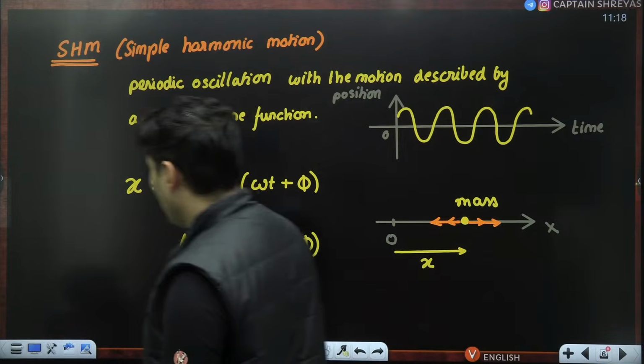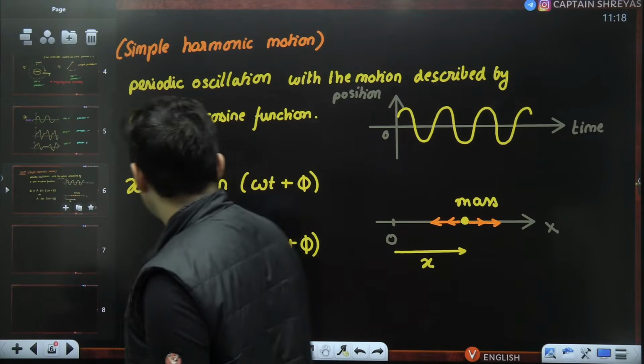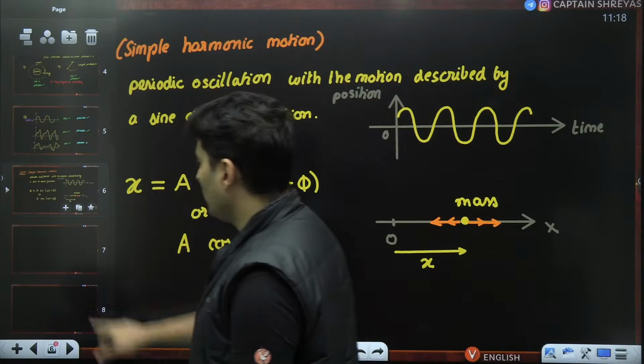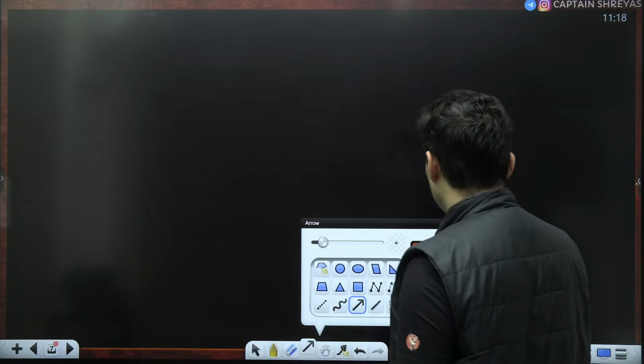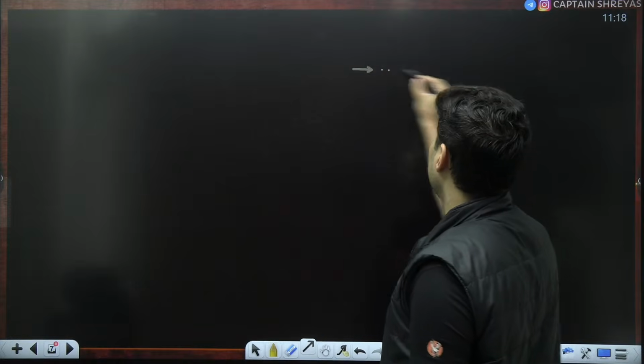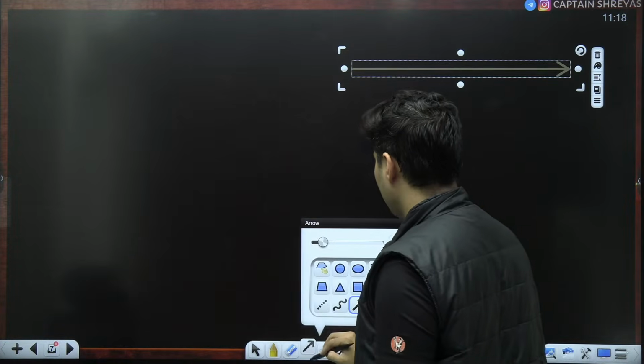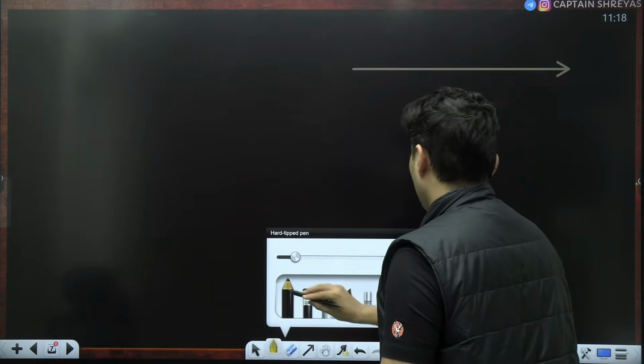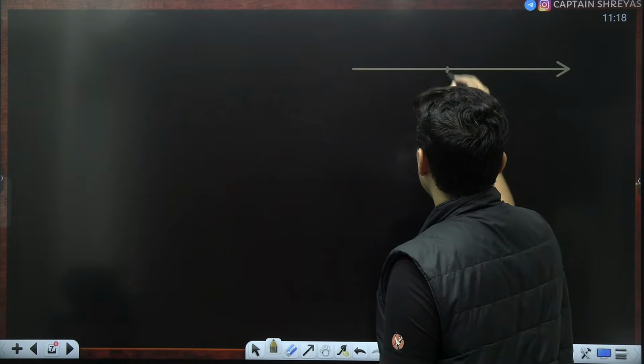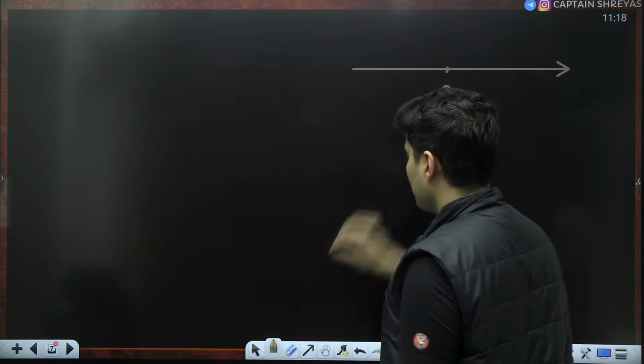All right. So having said this, let's understand what each of these terminologies actually mean. For that, let me define a few things about simple harmonic motion. So imagine this is our horizontal axis. This is basically the origin.